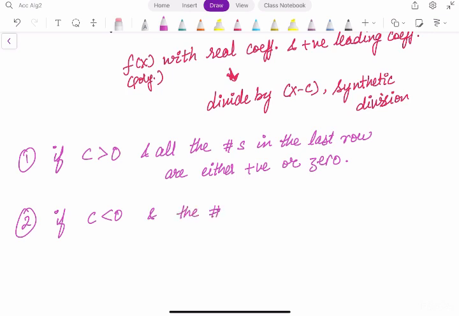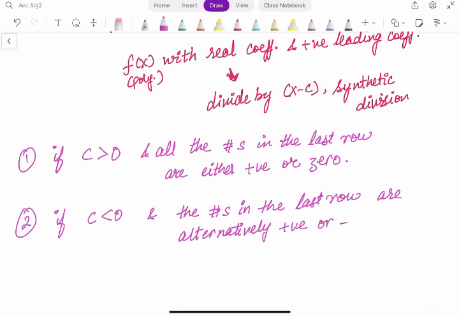If c is less than 0 and the numbers in the last row are alternately positive and negative, then c is considered a lower bound.